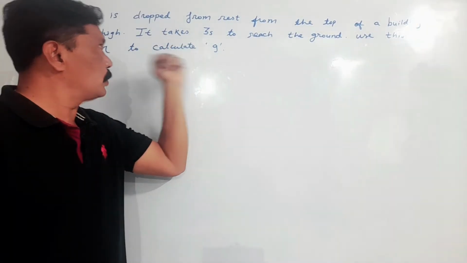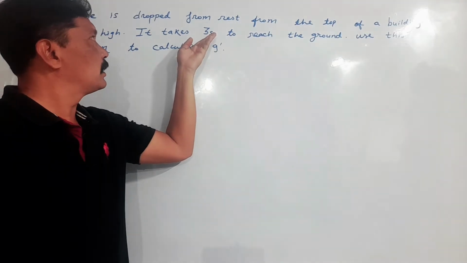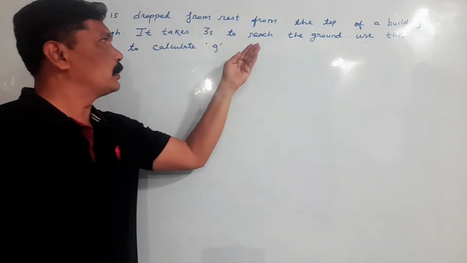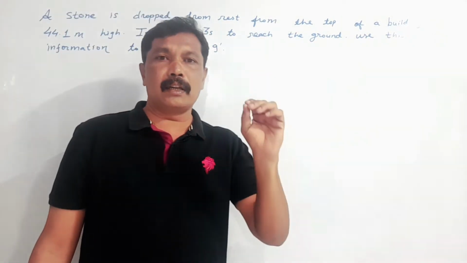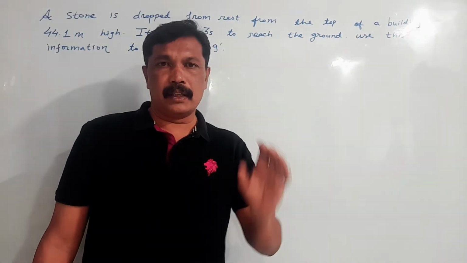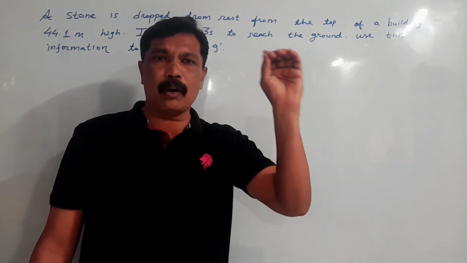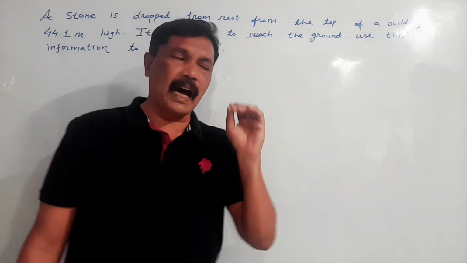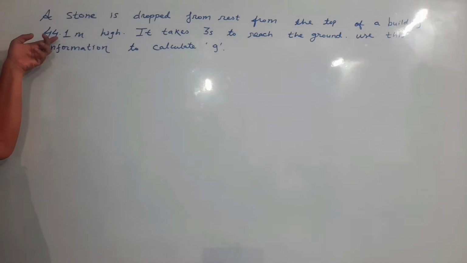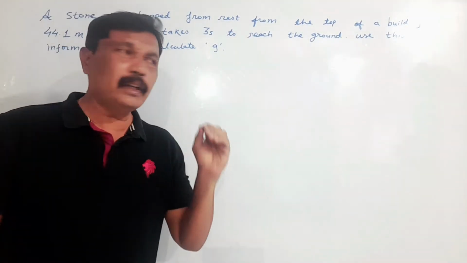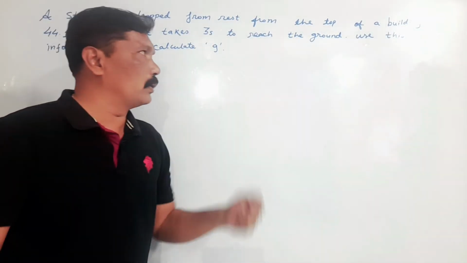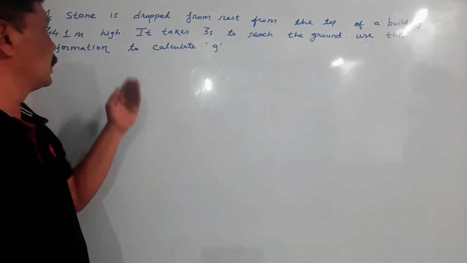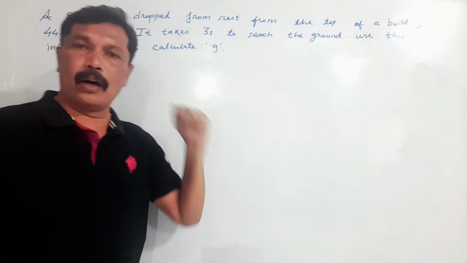The stone takes 3 seconds to reach the ground. My dear student, if a stone at rest is dropped from the top of a building whose height is 44.1 meter and the stone takes 3 seconds to reach the ground, use this information to calculate small g.